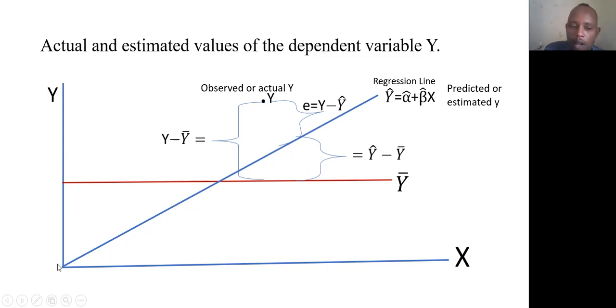For example, if there is no independent variable in the function, at that time, here at the origin, the regression line becomes here. The regression line equals the expected or mean value of the dependent variable.